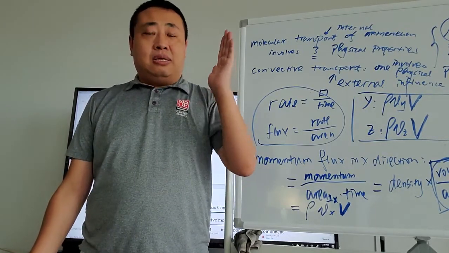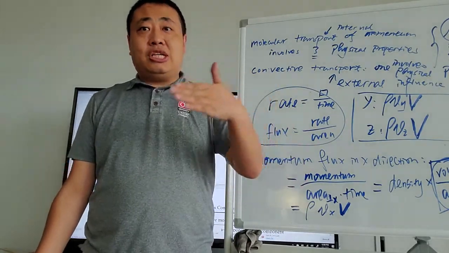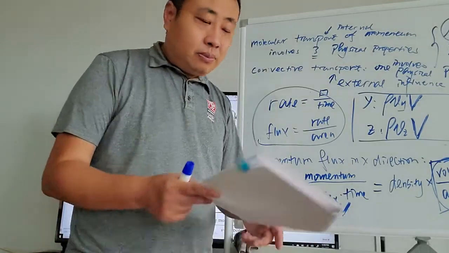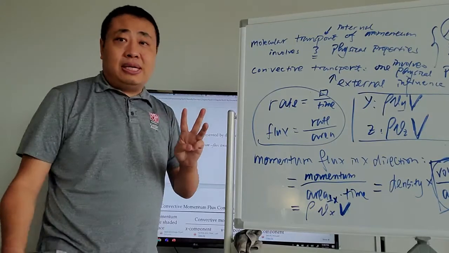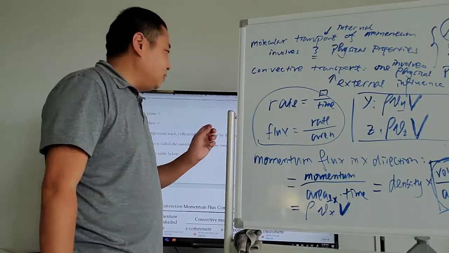But the momentum can be from x direction, or y direction, or z direction. That's why each of these has three components. So in total we have 9.